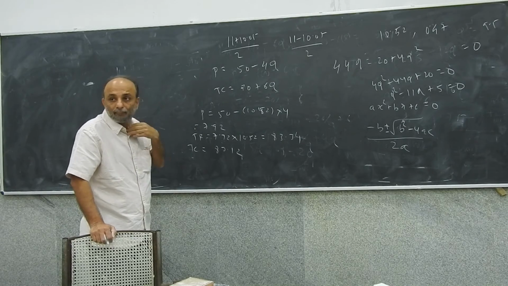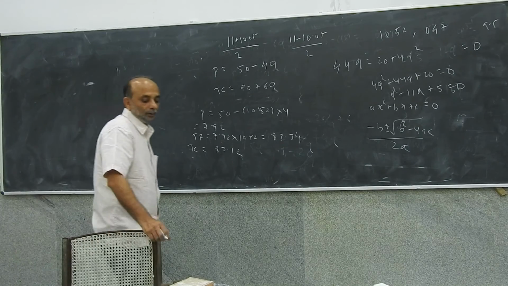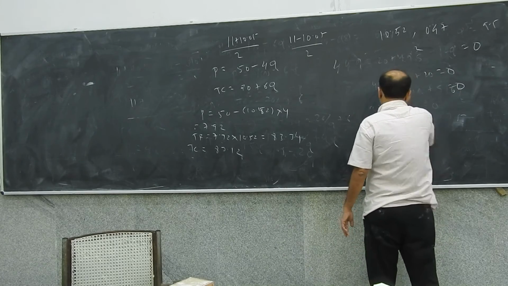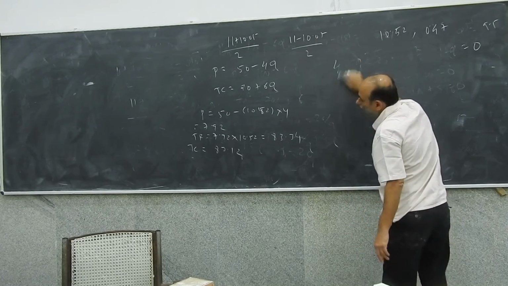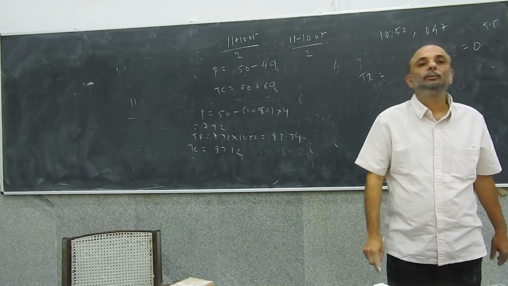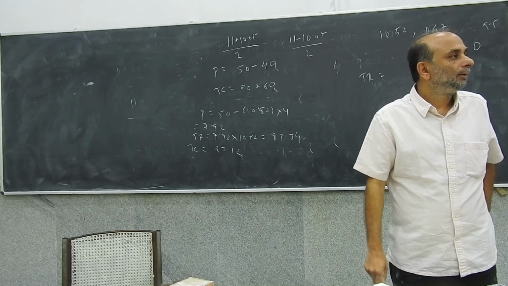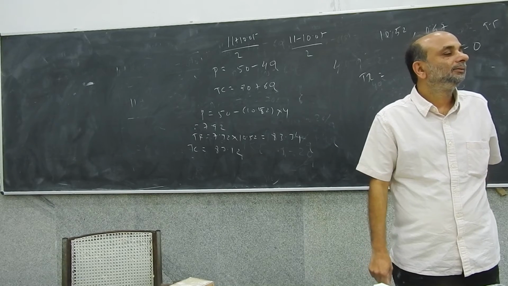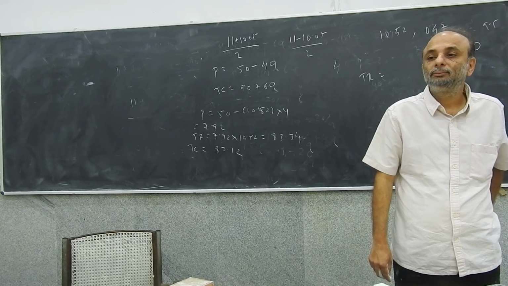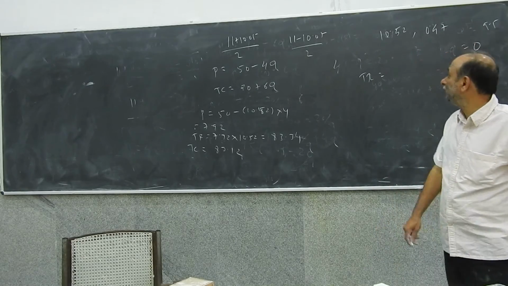Total revenue is 22.7. If we have to produce 0.47, what will be total revenue?